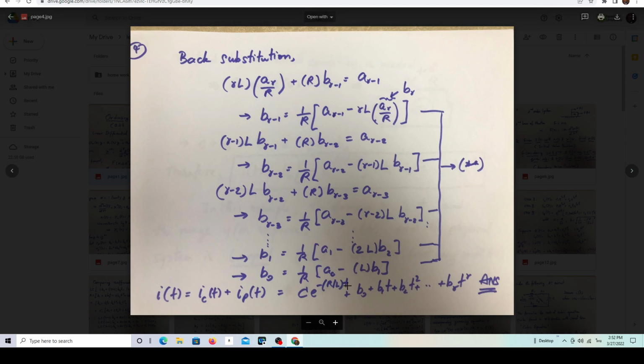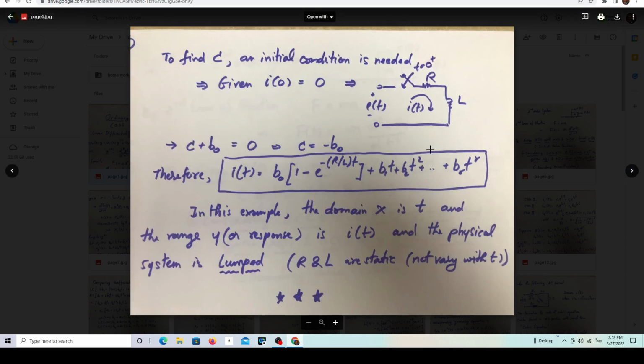When t is equal to 0, this term becomes only C times 1, because e to the power of 0 becomes 1. C times 1 is C, plus b0 is i0, but you have a zero initial condition, so C plus b sub 0 is equal to 0. So you can find that C is equal to minus b0.